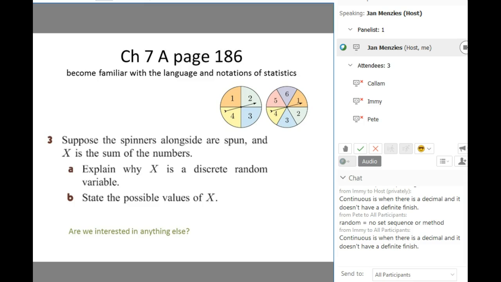Now, would people like to try and explain if they believe that this variable x is a discrete random variable? What is it about it that helps to make it a discrete random variable? We've talked a bit about random, we haven't talked too much about discrete, and we've talked a little bit about variable. So it's those three words together.